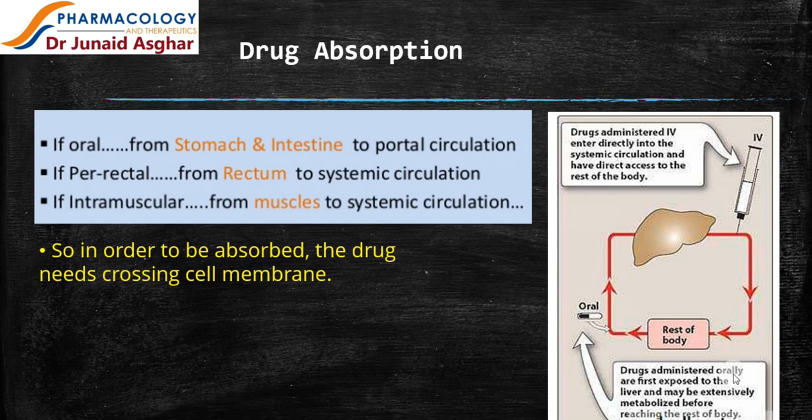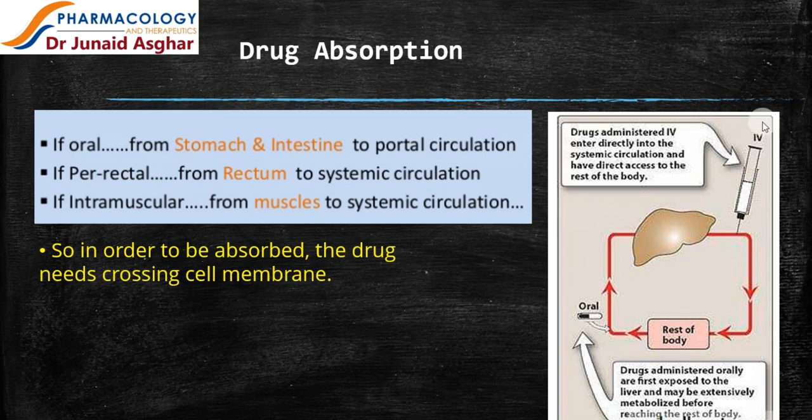So drugs administered orally are first exposed to the liver and may be extensively metabolized before reaching the rest of the body. And this phenomenon is known as first pass effect, when the drug has to pass through the liver first before entering the systemic circulation and reaching the target site or rest of the body.